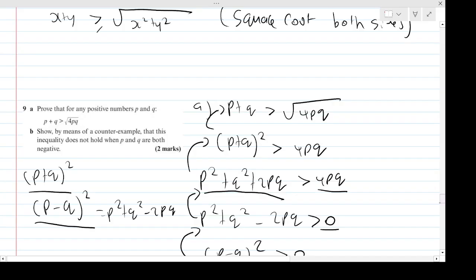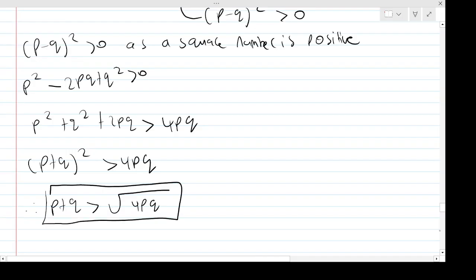Part B then says, show by means of a counterexample that this inequality does not hold true when p and q are both negative. Okay, well then again, let's just say p and q are minus 1, nice and simple. So p and q are both negative, both minus 1.